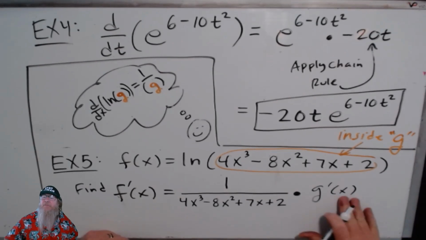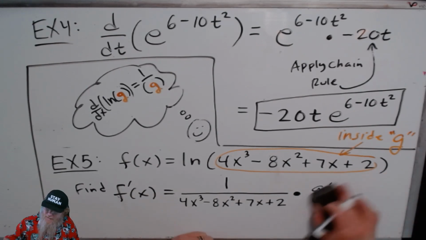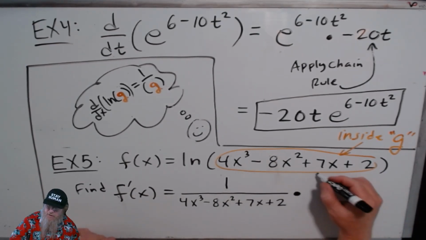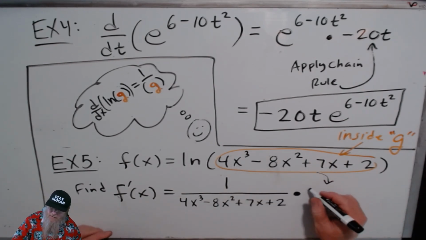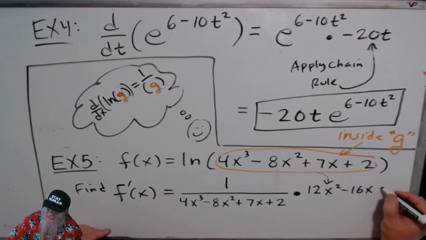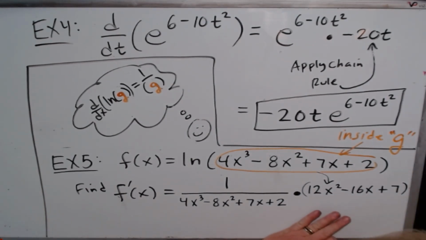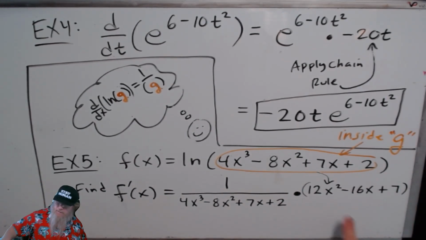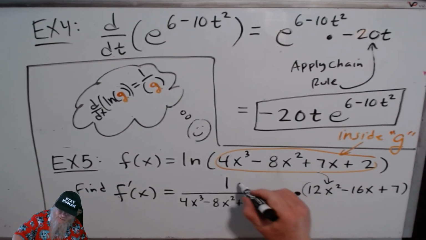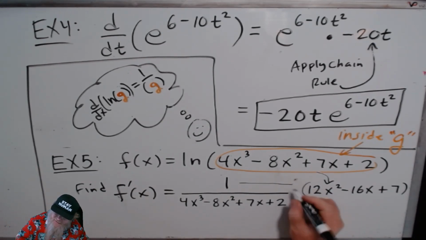Now I'm going to have to take back that space. This is what I'm going to write here, which is g prime, but if I had more space, I would write it in another line, but I'm not going to. I'm going to go ahead and do it right here. Take the derivative. It's going to be 12x squared minus 16x plus 7. And be careful, that does not go on the denominator. It goes up in the numerator. So sometimes it's nice to move this dot up here.